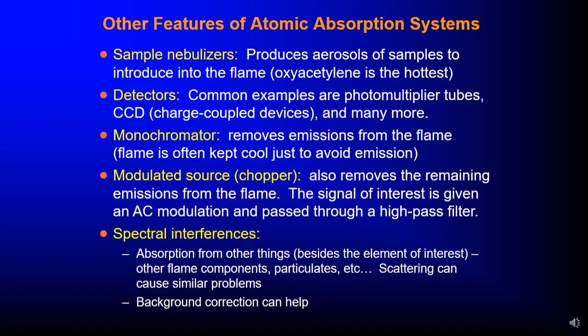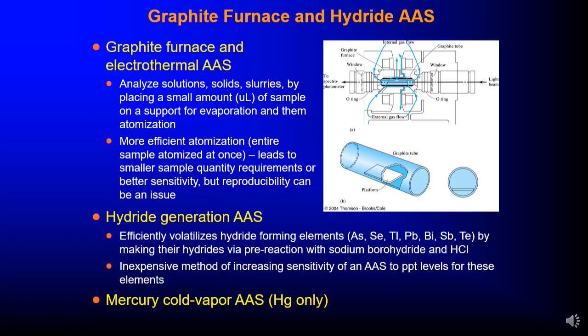Spectral interference comes from other flame components, particulates, etc. Scattering can cause similar problems, and this can be helped by background correction. So you can see graphite furnace and electrothermal atomic absorption spectroscopy.